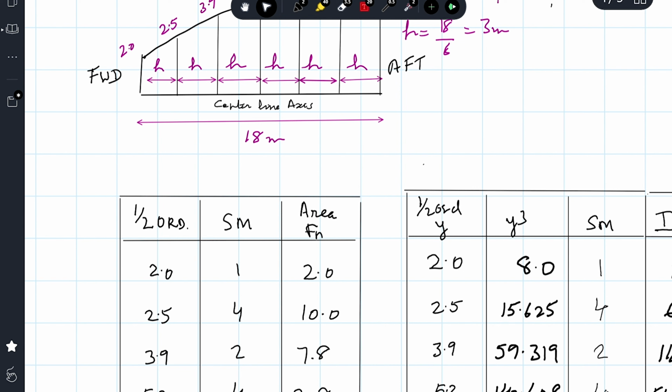And then in the end, don't forget to divide the sum of the products of this moment of inertia function by 3, because as I explained, the formula is y cube dot dx upon 3 for the transverse moment of inertia. So y cube dot dx is calculated using Simpson's rule here, and in the end, that division by 3 remains to be done. Okay, that's all, and thank you very much.